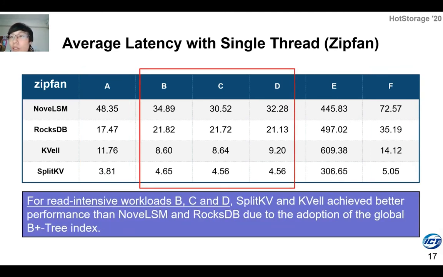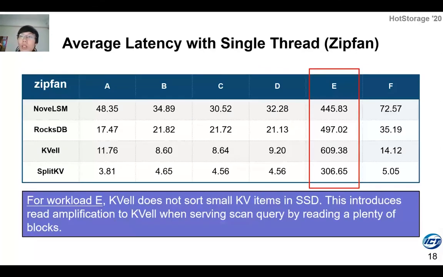For read-intensive workloads B, C, and D, SplitKV and KVell achieve better performance than NoveLSM and RocksDB due to the adoption of a global B+ tree index. KVell doesn't sort smaller key value items in SSD. This introduces read amplification to KVell when serving scan queries, by reading a lot of blocks.